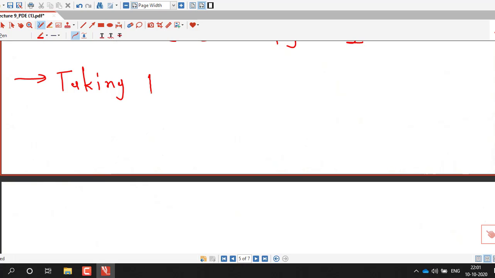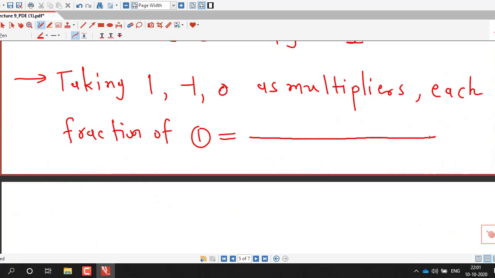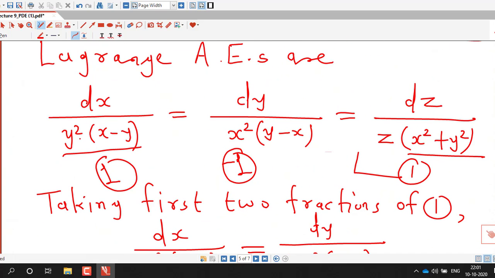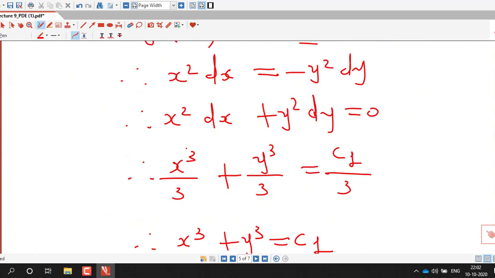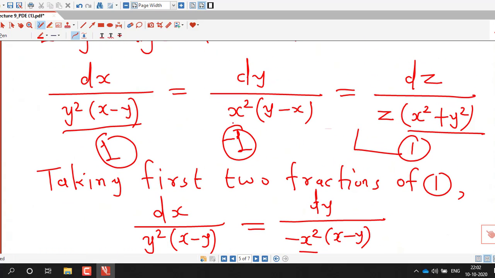Taking 1, minus 1, 0 as multipliers, each fraction of 1 equal to, we will have dx minus dy, and this is multiplied with 1, so it is y square into x minus y, plus, as this is multiplied with minus 1, we take minus 1 in the multiplication of y minus x and obtain x minus y.